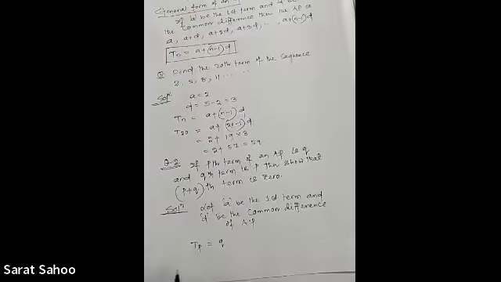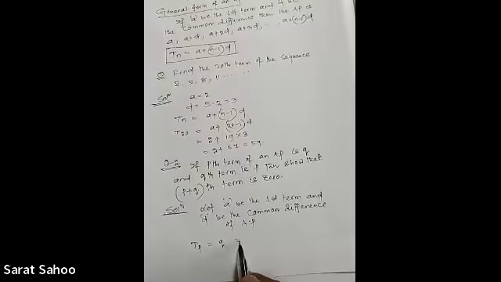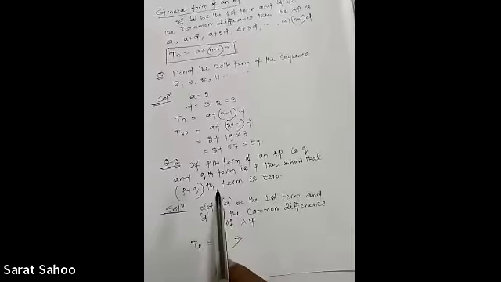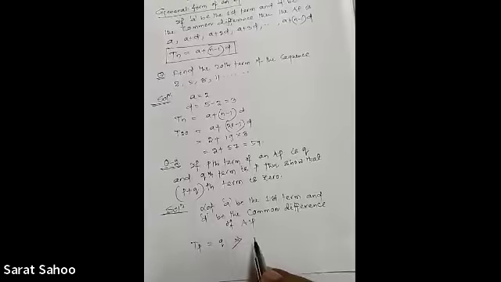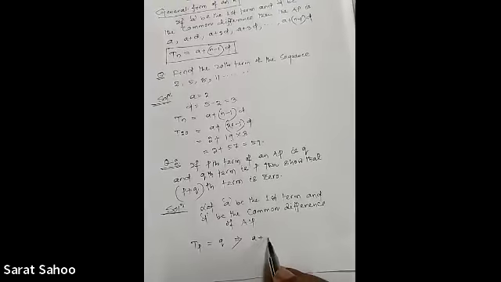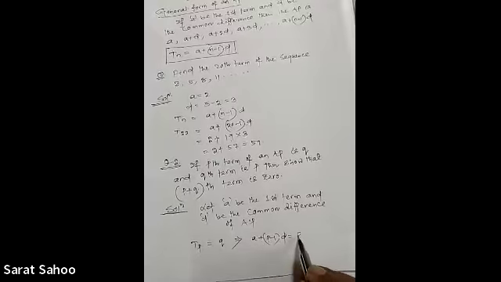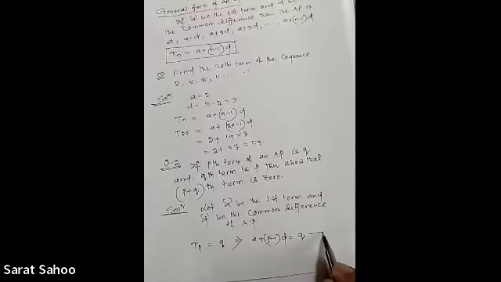So Tp is equal to Q. Tp means the pth term. What is the formula for the nth term? Tn is equal to A plus (n minus 1) into D. So Tp is equal to A plus (P minus 1) into D is equal to Q. Let us consider this one as equation 1.